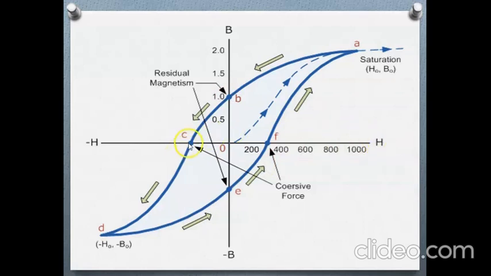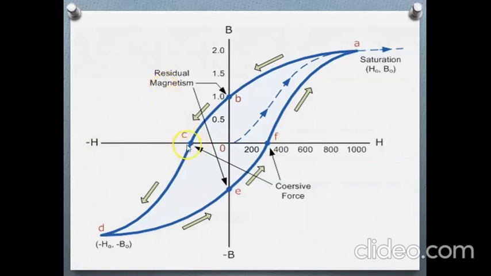That is known as demagnetizing force, because here H is 0 and beyond that H is negative. At this point we have minus H, that is H in the negative direction, and at this C point the residual magnetism becomes 0.